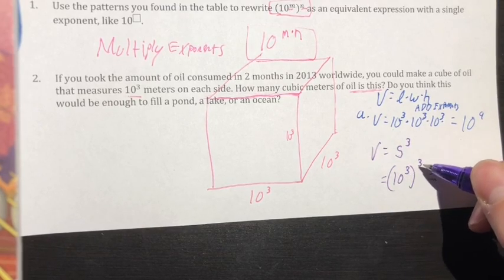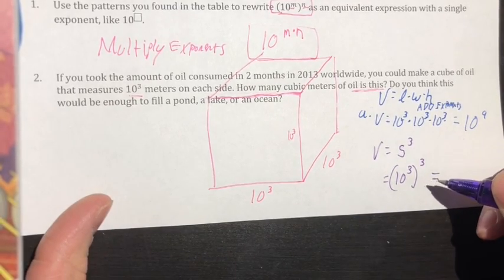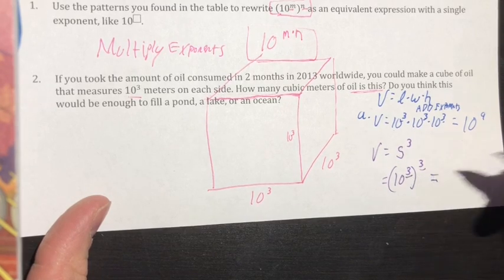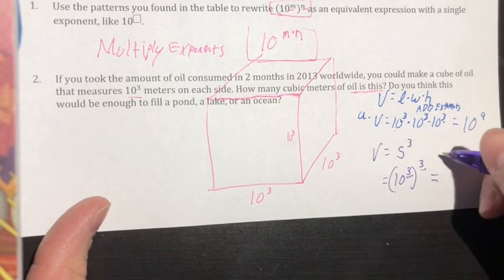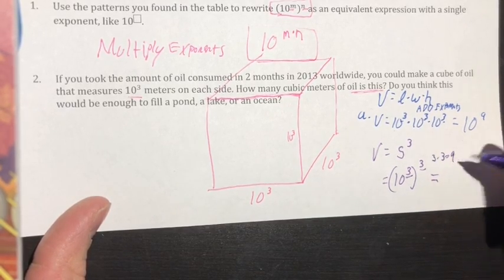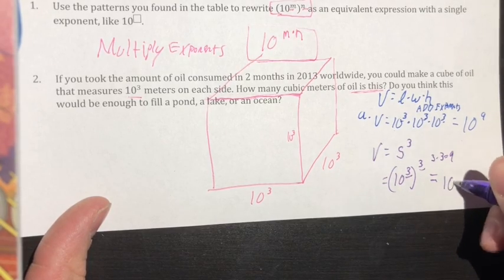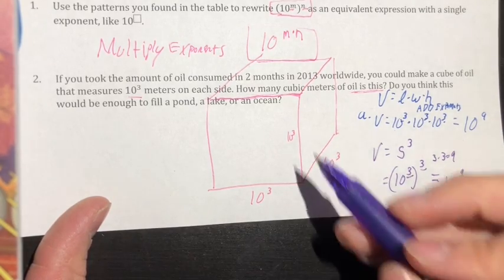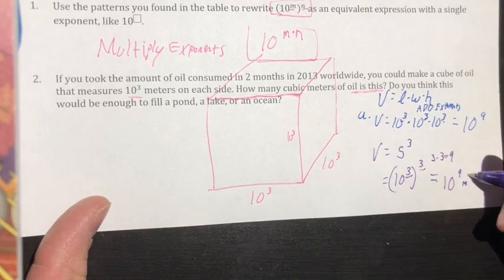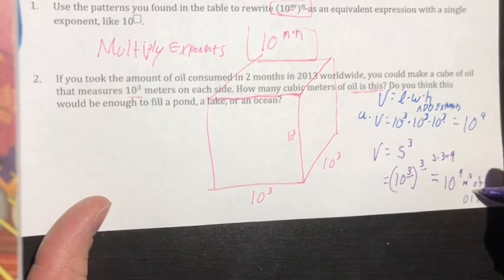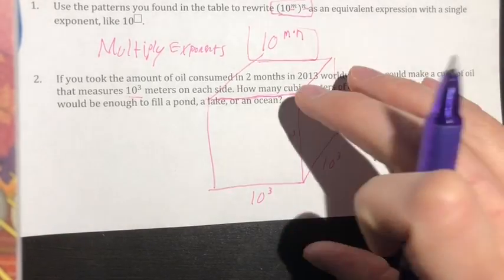The power of a power means I multiply my exponent because I have 3 groups of 3. And 3 times 3 is 9. So I get 10 to the 9th power meters cubed of oil.